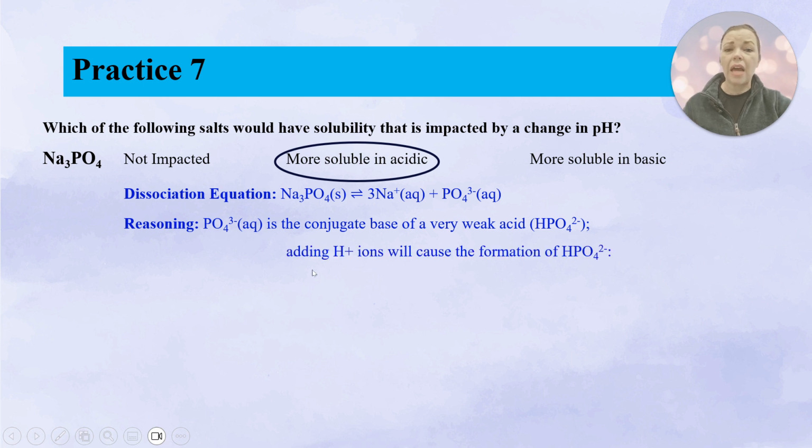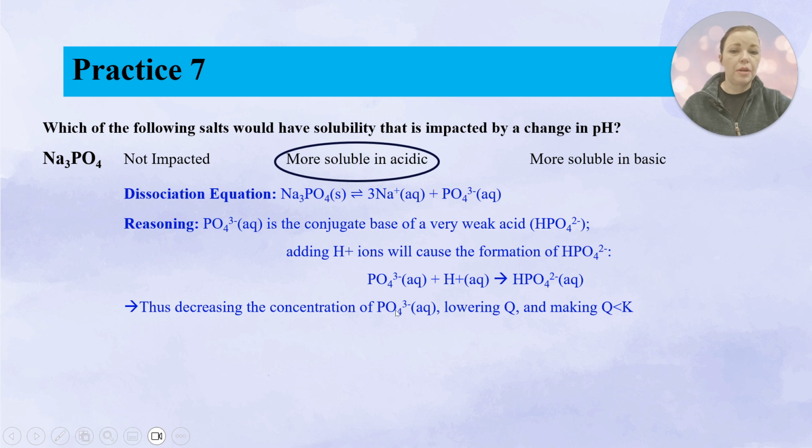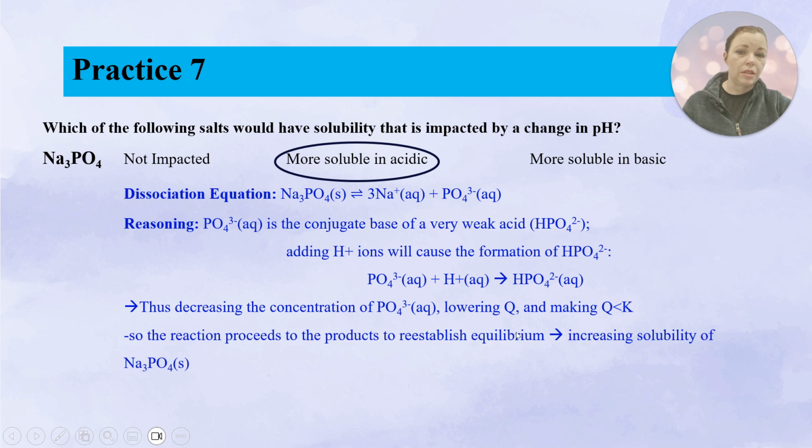So, adding H+ ions will cause the formation of HPO4 2-, and that would remove your phosphate ions from the solution because it would form hydrogen phosphate. That would decrease your concentration of phosphate, lowering your Q, making your Q less than K. So the reaction will proceed to the products to reestablish equilibrium, which increases your solubility of sodium phosphate.